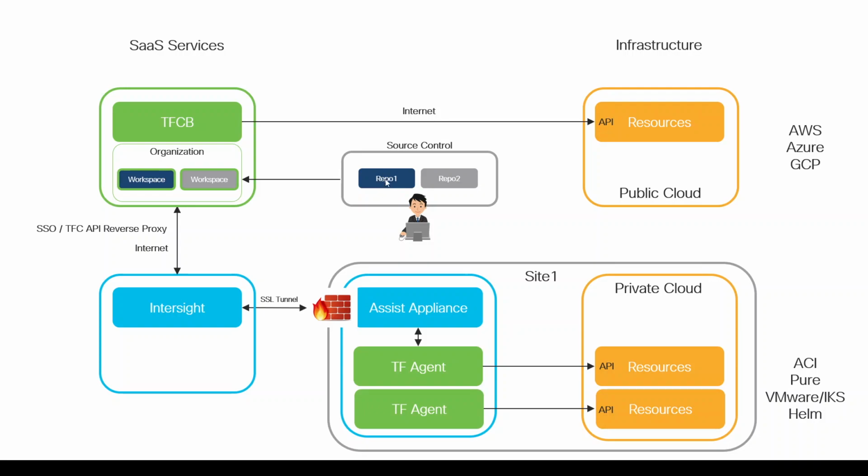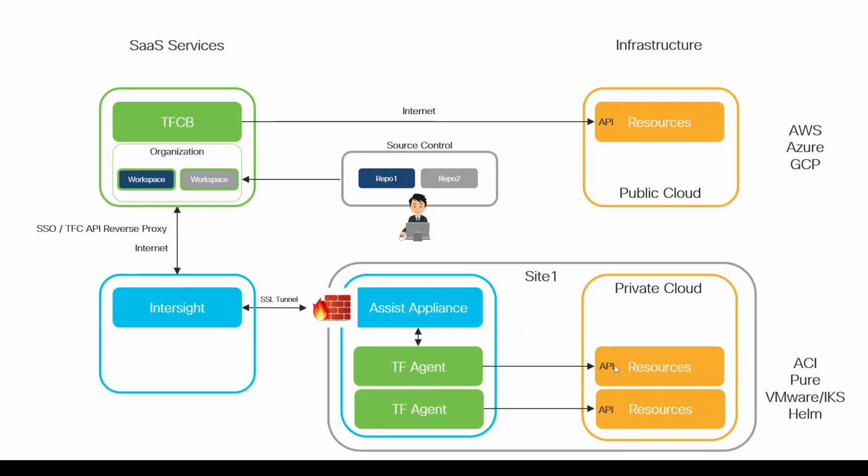You would tie your workspace to repo 1, and then the workspace gets tied to a particular TF agent. This agent in Site 1 would be responsible for configuring the network resources stored in the code in repo 1.